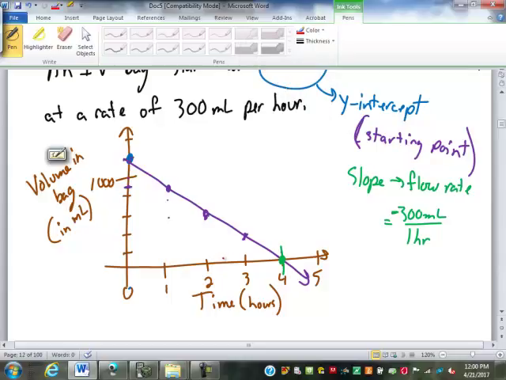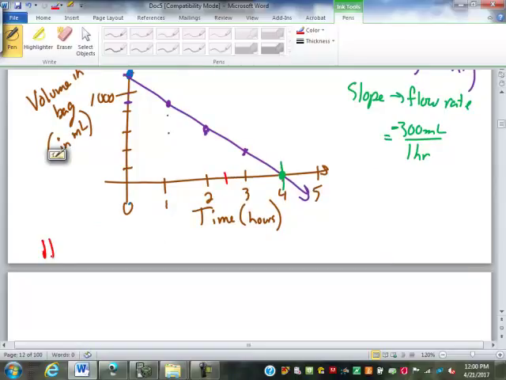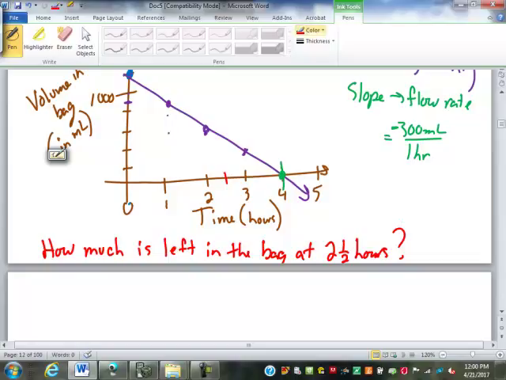For example, if I want to know at 2.5 hours, how much is in the bag at 2.5 hours? Well, I go up here, here's 2.5, I trace it up to my line, I trace it over to here, and if I did this carefully enough, I would find that that actually comes out to be about 250 milliliters.